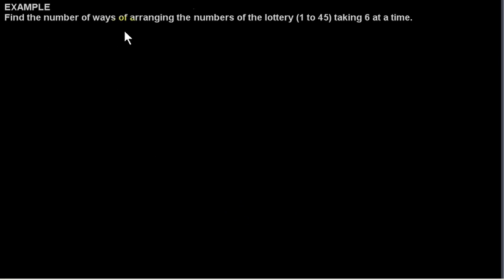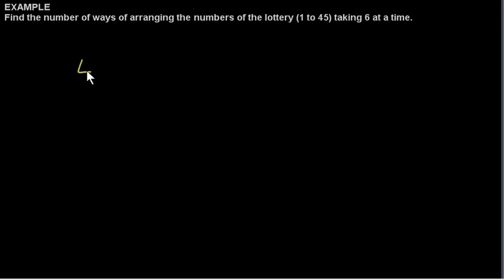Now let's take a more relevant example. Let's find a number of ways of arranging or permuting the numbers of the lottery, which currently are the numbers 1 to 45, taking 6 at a time. So the current lottery uses the numbers 1 to 45, and 6 numbers are chosen from the numbers 1 to 45.